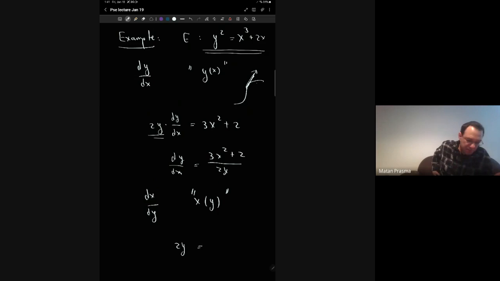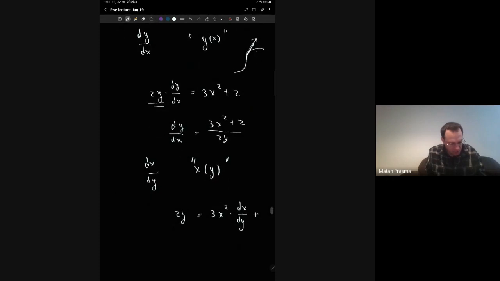When I derive the right-hand side with respect to y, I get 3x squared times dx to dy plus 2 dx to dy. And so dx to dy, I can isolate it, and it would be 2y over 3x squared plus 2.